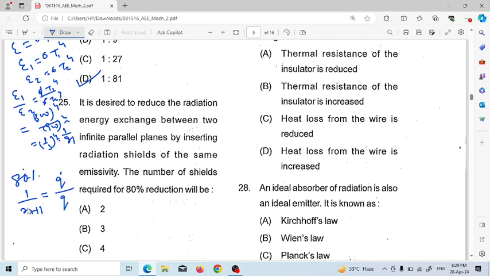So we have to count the number of shields, that means n. So we have to reduce 80%, that means remaining 20%. So 20% is equal to 20 by 100, so this is equal to 1 by 5. 1 by 5 is equal to 1 by n plus 1. So n will be 4. Option C is the correct answer.